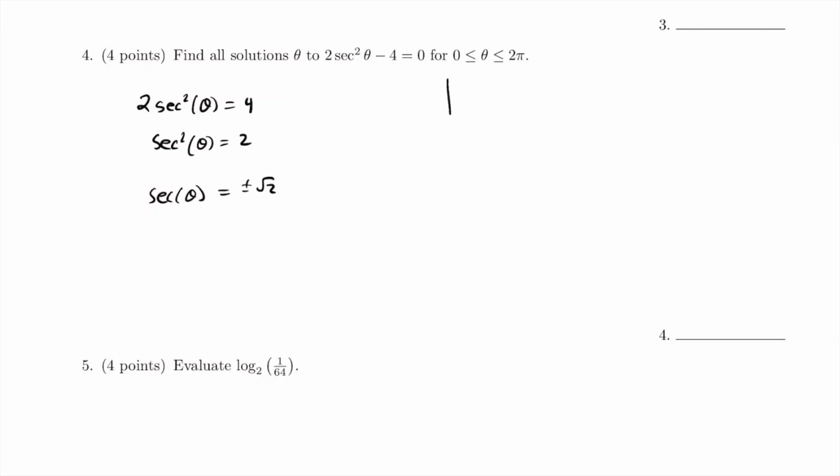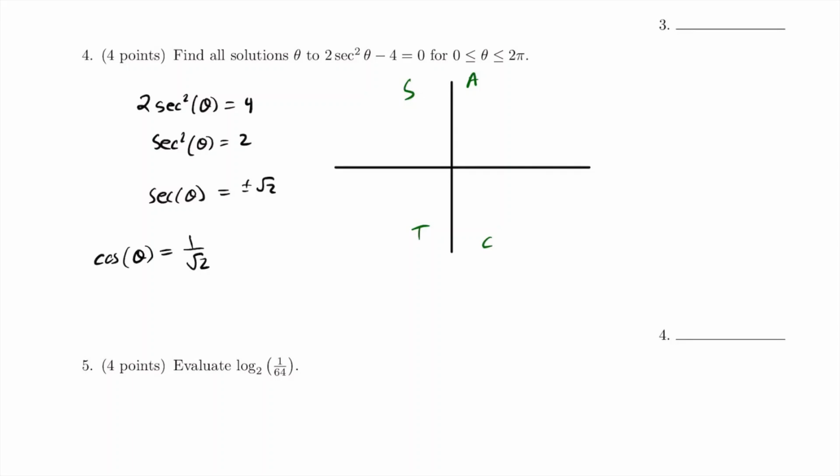So if you draw each solution, we know from ASTC, that's the acronym, secant is the reciprocal of cosine. So if you know cosine of some angle gives you 1/√2, then secant is the reciprocal of that. So I know that for cosine, this is pi/4.